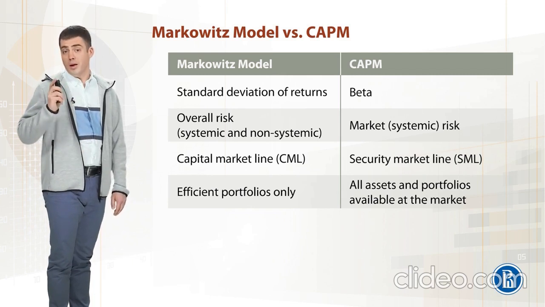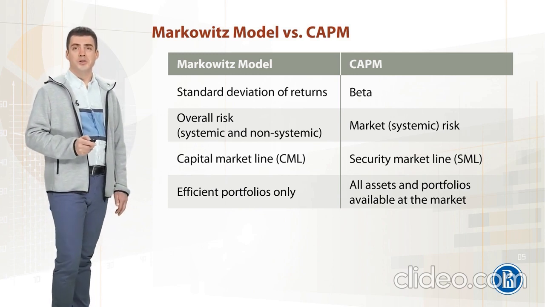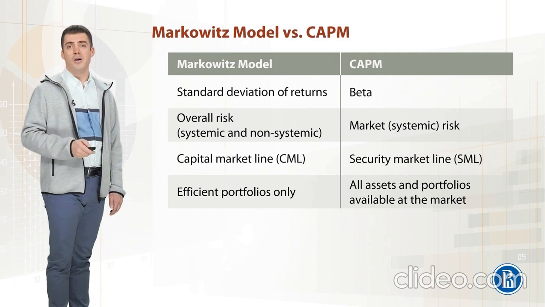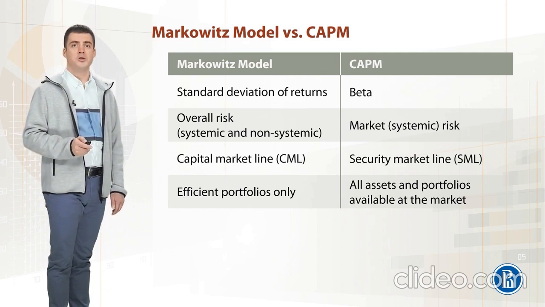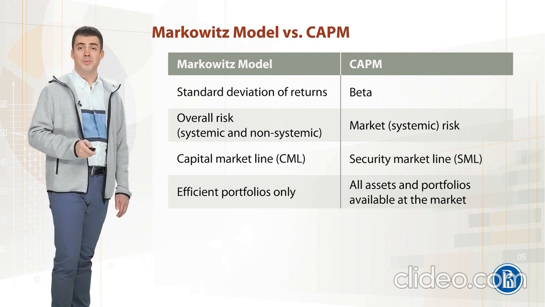However, the CAPM implies that all assets and portfolios available in the market lie on the security market line, and this line includes both efficient and non-efficient investments.